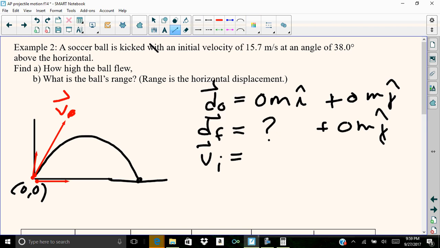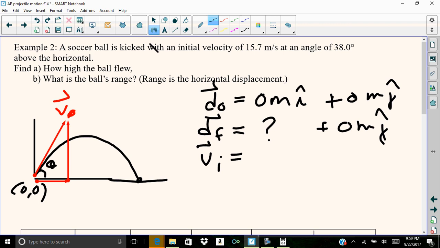Here's my x component, here's my y component. All I have to do is slide this y component over, and notice that I make myself a right triangle. The angle here is the angle theta.